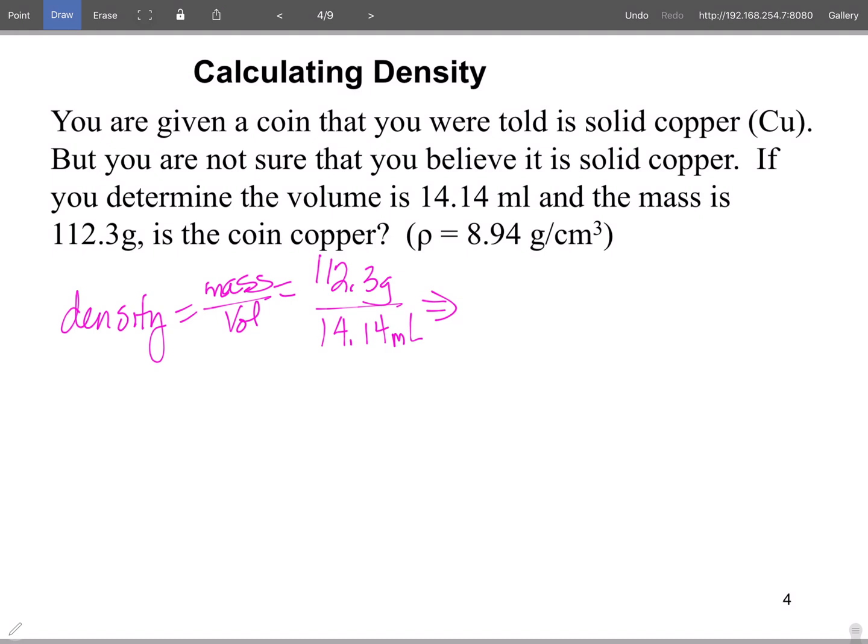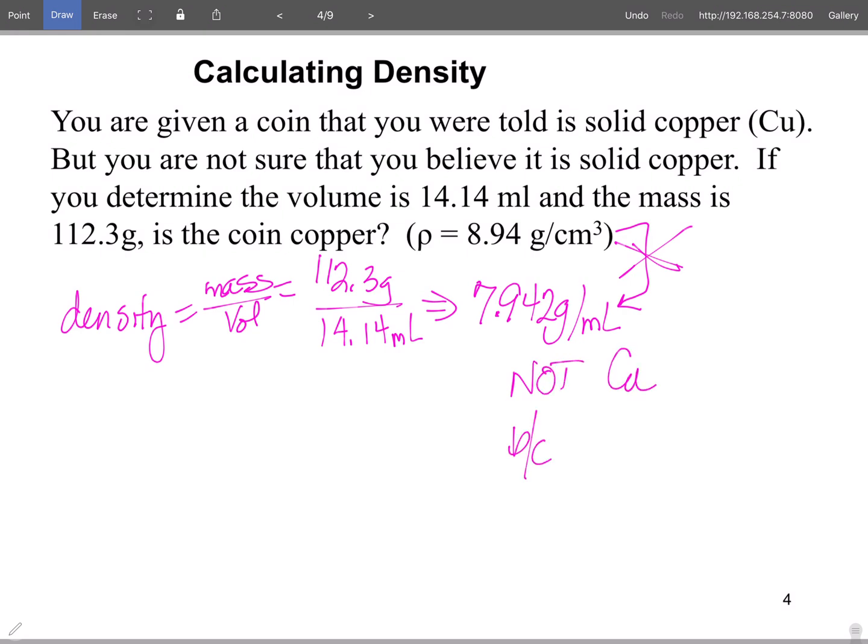We find out that your density is 7.942 grams per 1 milliliter. Well, we're told that this is the density of copper, so they don't match. So it is not copper because the densities don't match. So that's an easy way to calculate density.